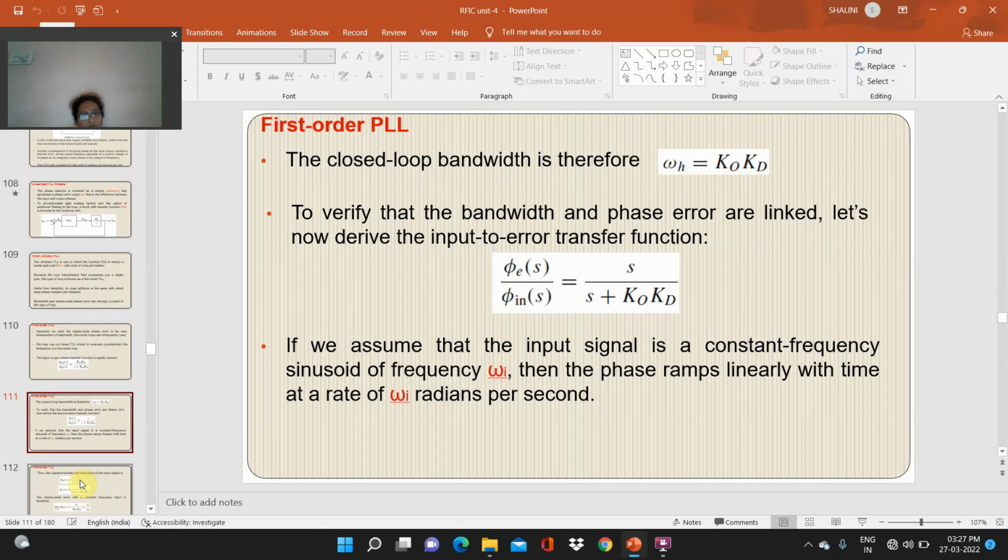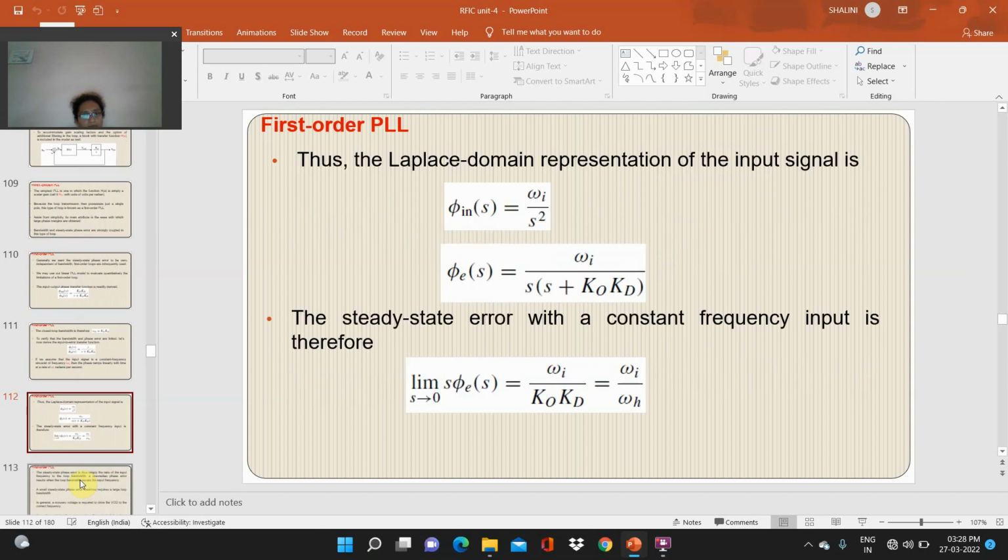If we assume that the input signal is a constant frequency sinusoid of frequency omega I, then the phase ramps linearly with time at a rate of omega I radians per second. Thus the Laplace domain representation of the input phase is phi in of s equal to omega I by s squared.